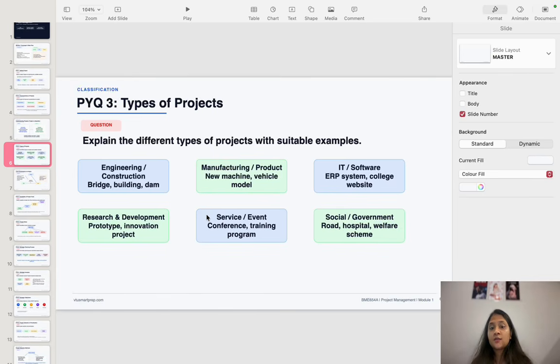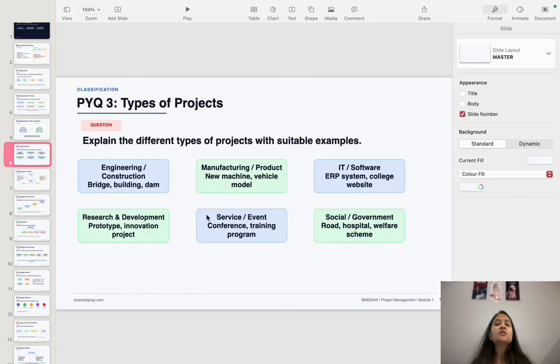Projects can be classified into different types. First is engineering or construction projects such as bridges, buildings, dams, roads. Second is manufacturing or product development projects such as developing new machines or vehicles. Third is IT or software projects such as ERP systems, mobile apps, or a college website.